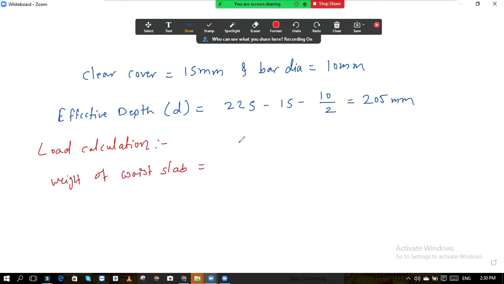You know the formula for this: D into under root R square plus T square, divided by T, into 25. Just put the values.